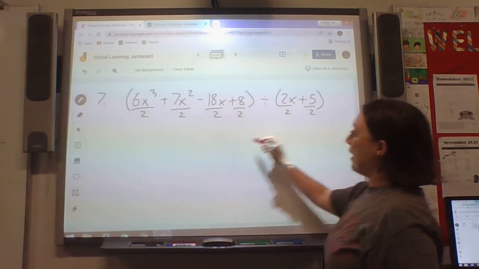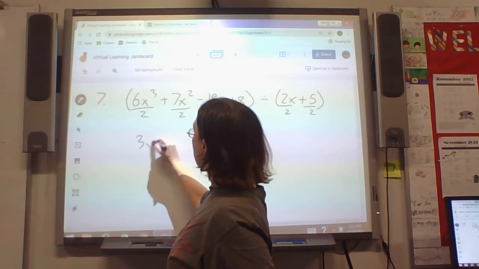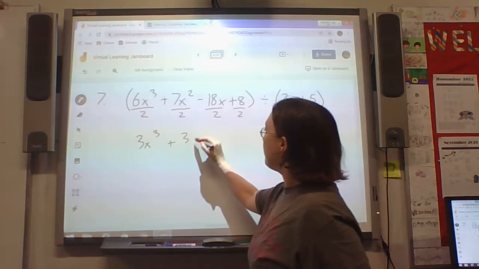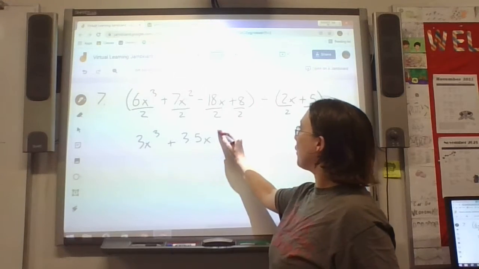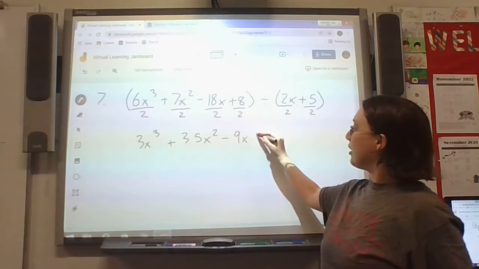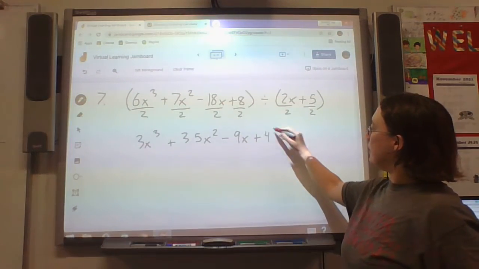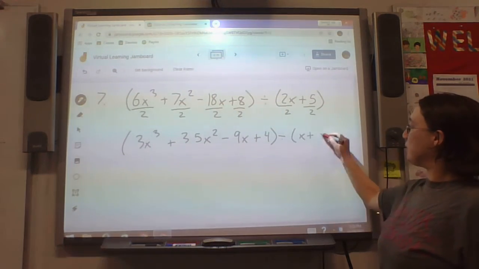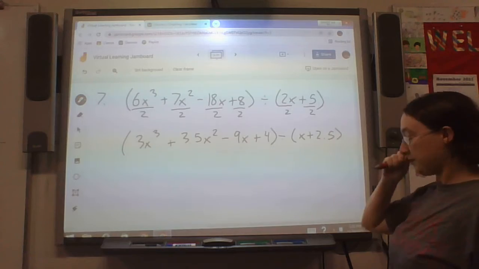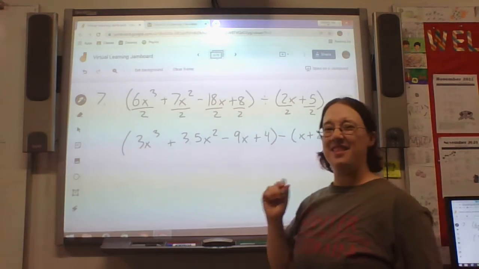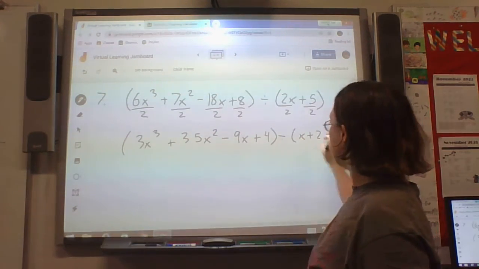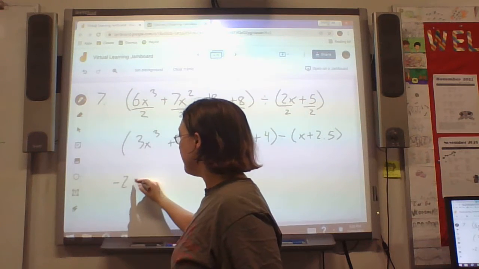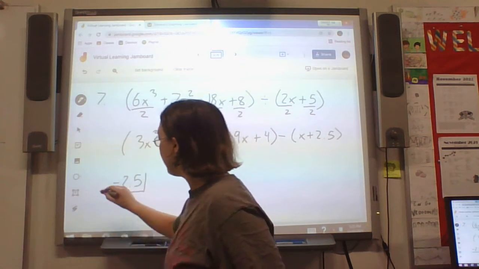So over here we've got a 3x to the 3rd now, plus a 3.5 or 7 halves if you like, x squared, minus a 9x plus 4 divided by, and now this is an x plus 2.5. Cool. And that's what's going in our box. So that negative 2.5 is going in our box.